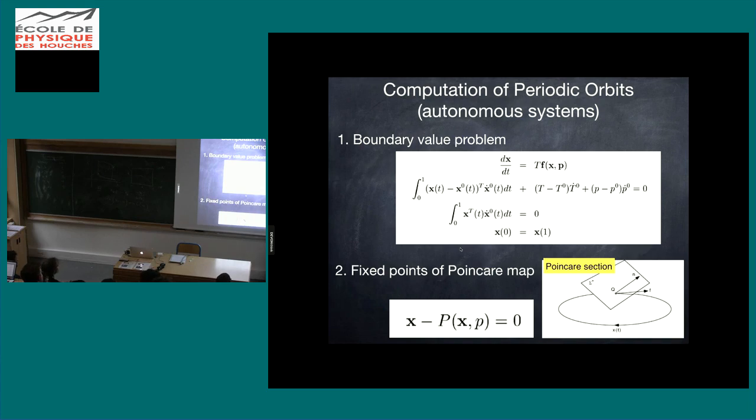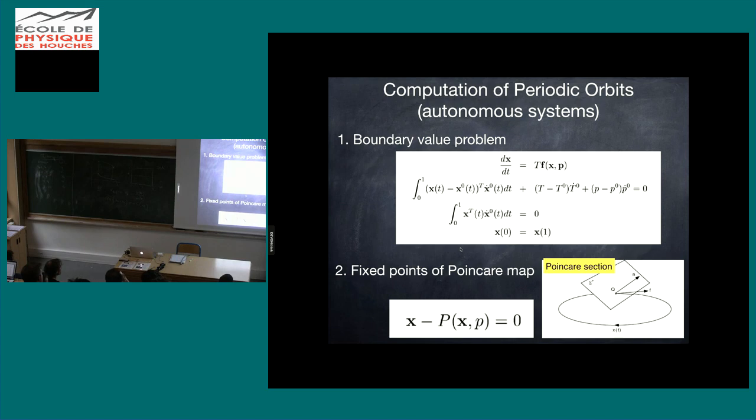You don't know the period, although you have a good estimate of it from the eigenvalues at the Hopf bifurcation. So what you do is rescale time to get the period as an unknown parameter in the problem. Then you have a boundary value problem because it is periodic: at period 1 in the scaled system, the solution has to be the same.